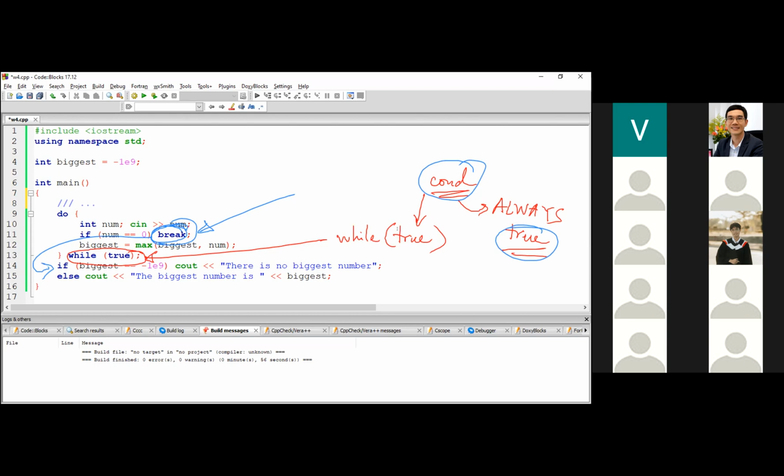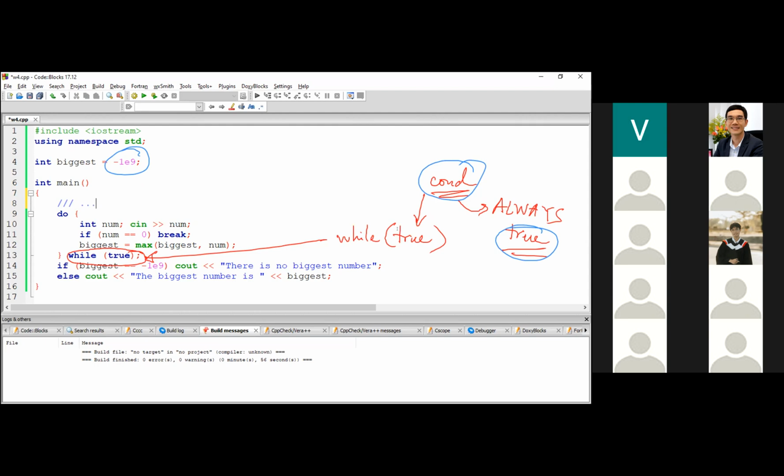So using the break and using while true is not a good way to handle loops, even though it works in this case. Regardless of the value you enter, smaller or anything else, it works, but it's not a good way of programming.